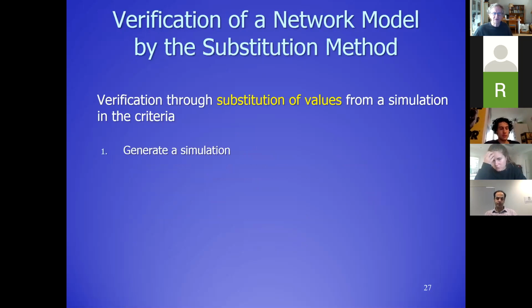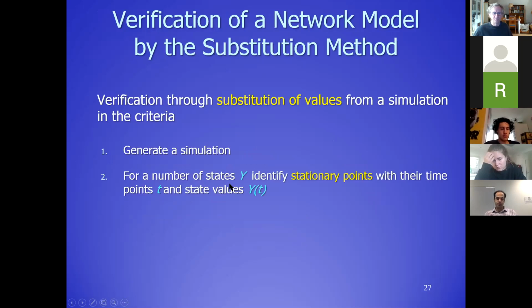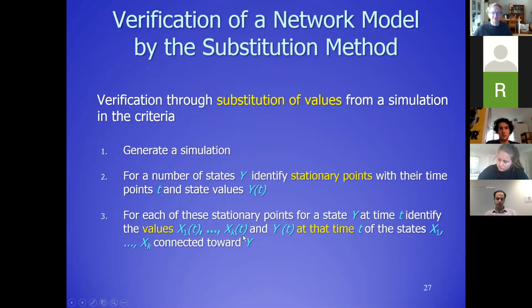You could generate a simulation for a number of states, identify stationary points with their time points and state values. And then for each of these points, take the values of the states that are connected with an incoming link to Y. At the same time point, it's very important that everything is at the same time point, all time points t.